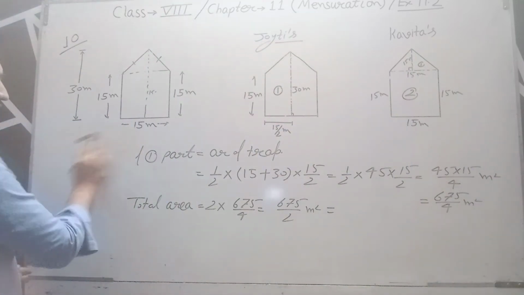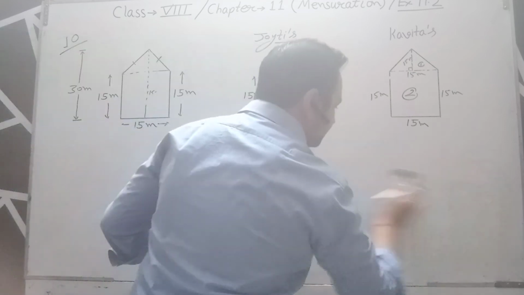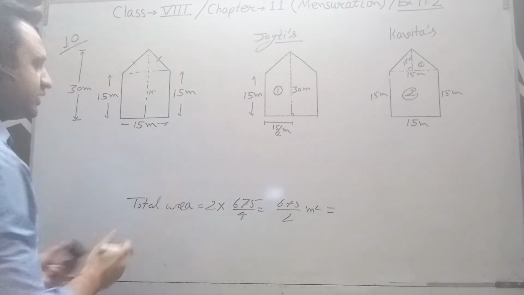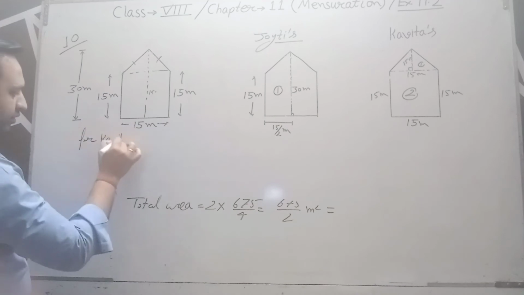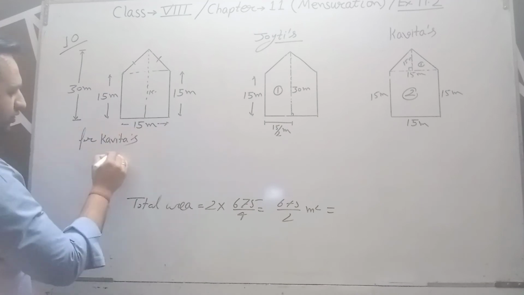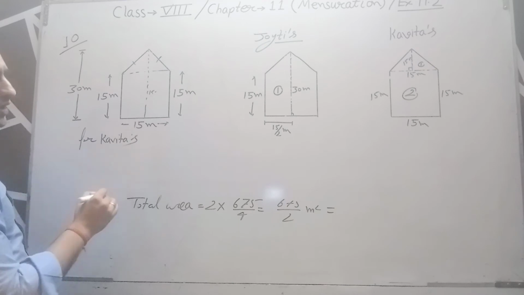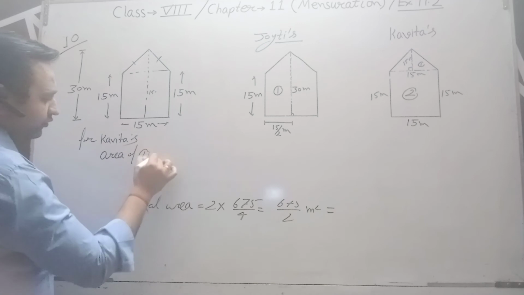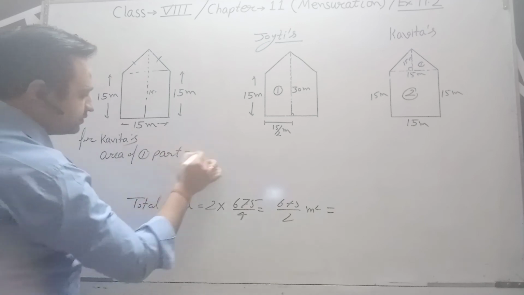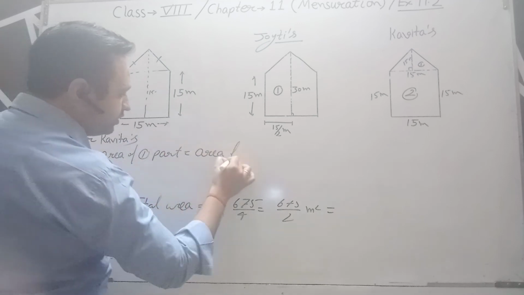Now we simplify the area of the pentagon using Kavita's method. Find out the area of the first part. Area of the first part means area of the triangle.